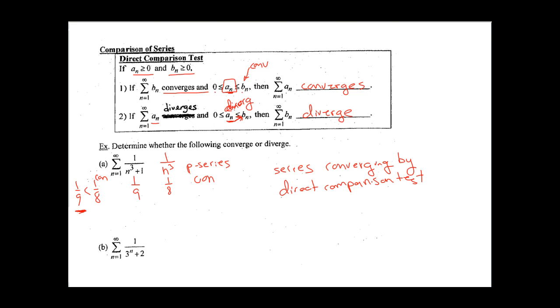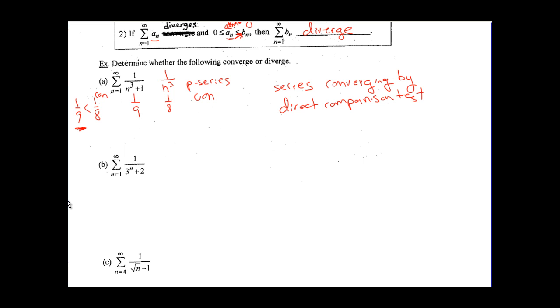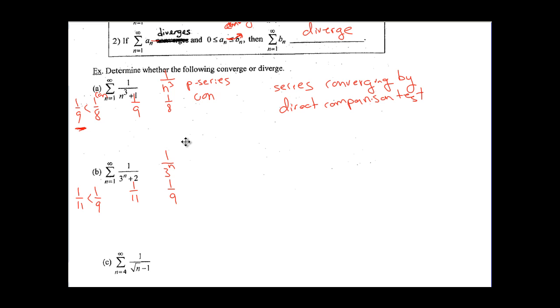In letter B, I'm going to compare this to 1 over 3 to the n. Well, let's pick a value for n. If n was 2, this would be 1/9. And if I plug 2 in for the other one, it'd be 1/11. And certainly 1/11 is less than 1/9. Now if I can show that this converges and it's bigger, then the other one has to converge as well.